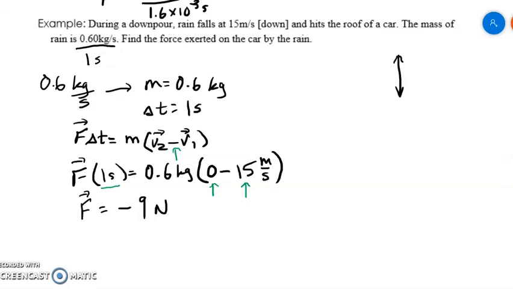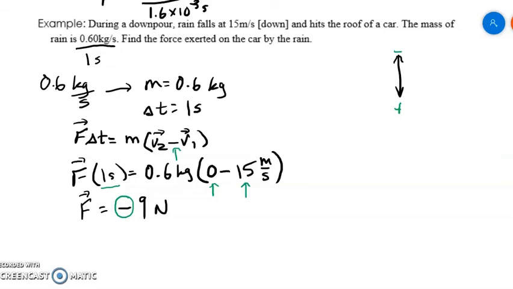So I said that V1 is positive 15, which means that down is positive. That's fine. There's no problem with that. But our final answer here is negative 9 newtons, which would mean up, right? So this is saying that the force exerted on the car by the rain is 9 newtons up.